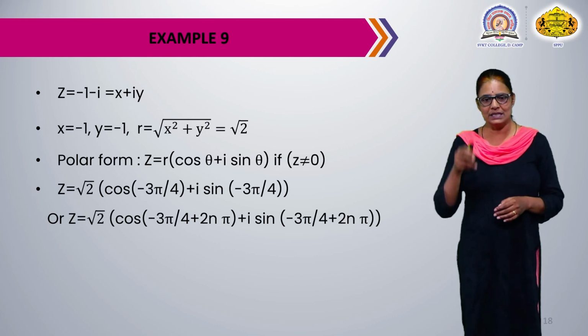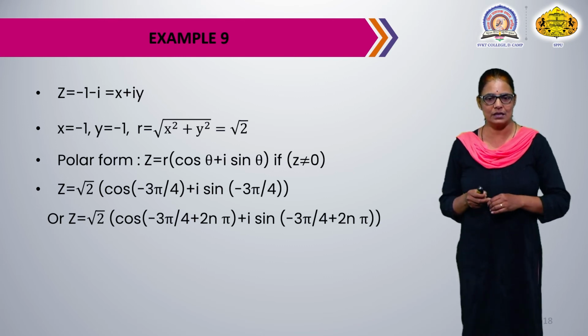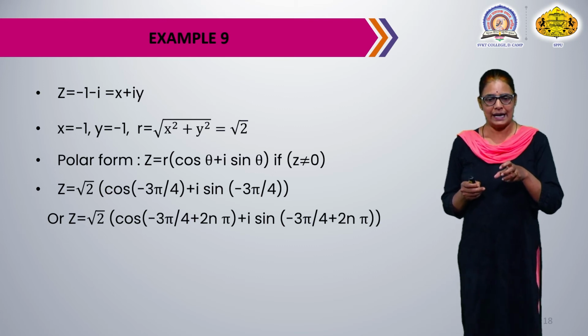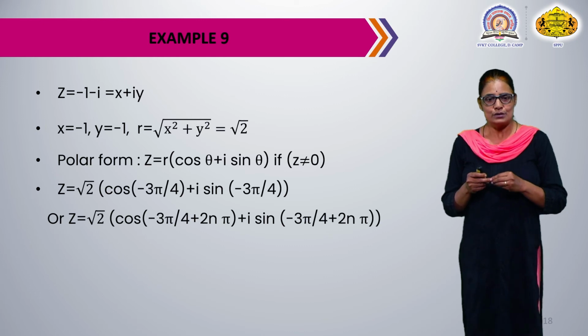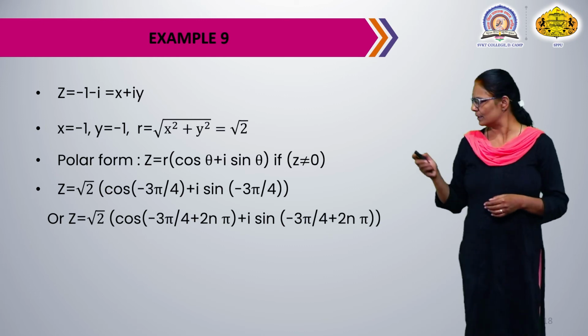In the second form I use the argument of the complex number, and if I put n equals 0, I will get the first form here. So the first form is one of the polar forms of the complex number.